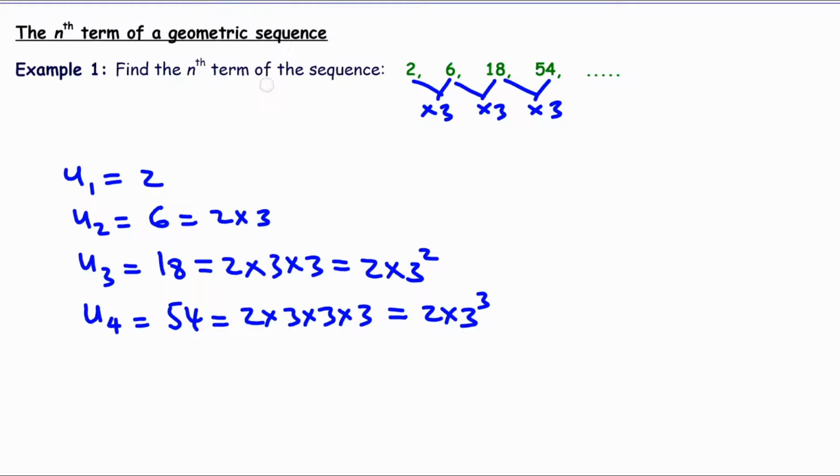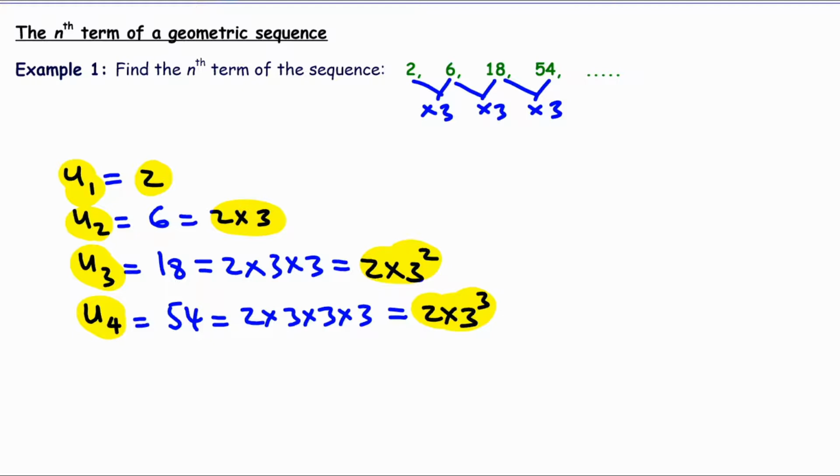Now, what I want you to do is some inspection here and try to see the relationship between each term, and try to find some pattern, some connections. We can see that each of those terms has a 2 before it. Now, let's look at powers of 3. For the fourth term, which is position 4, the power of 3 is 3.